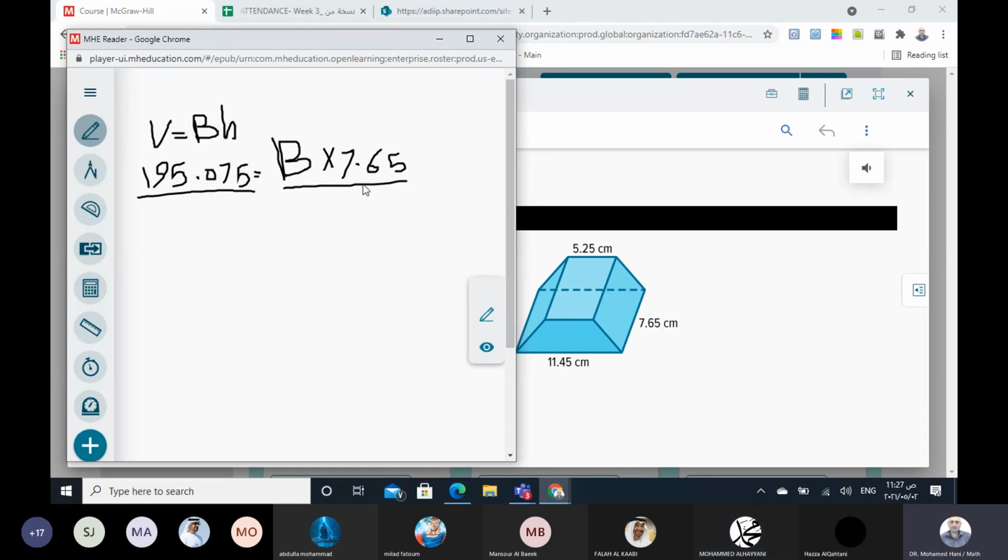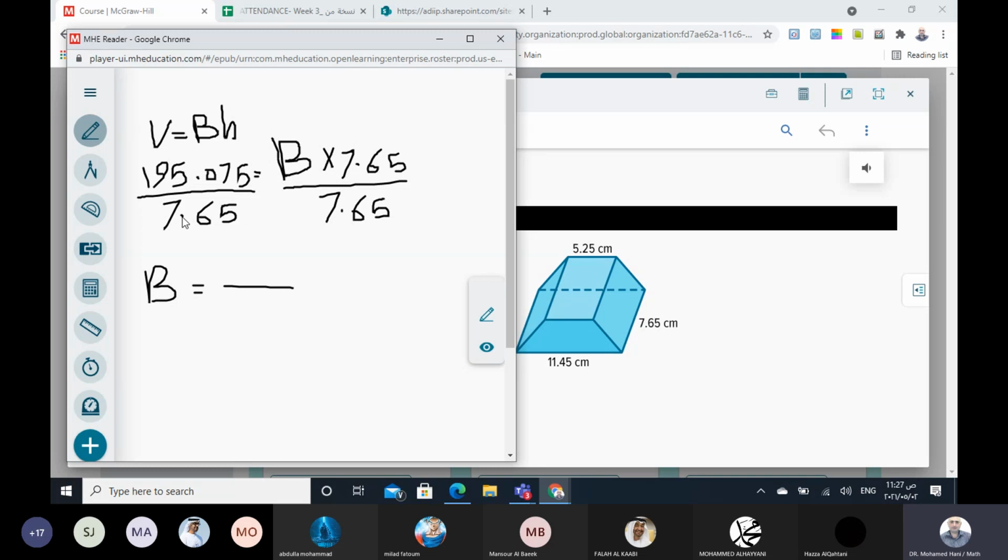Divide the two sides by the coefficient. Divide here by 7.65 and divide here by 7.65. So 7.65 divided by 7.65 leaves B equals, and here we have 195.075 divided by 7.65.